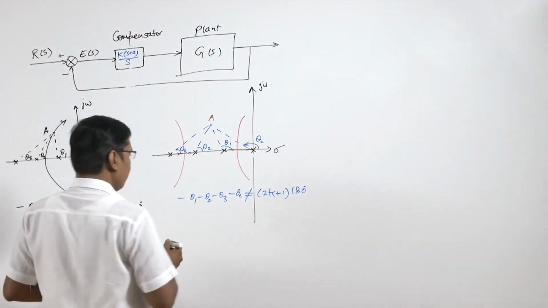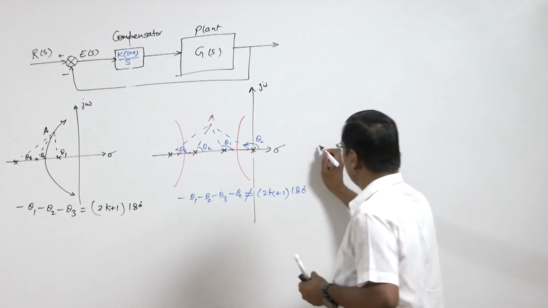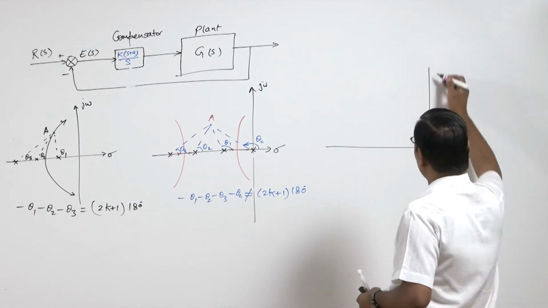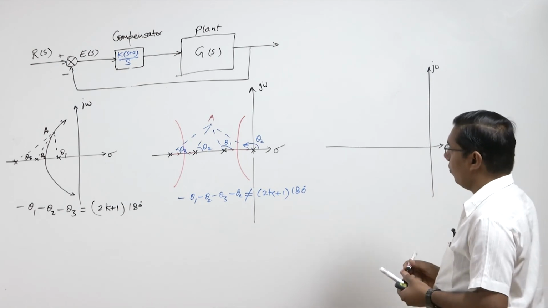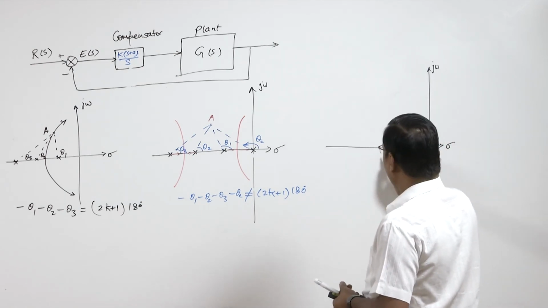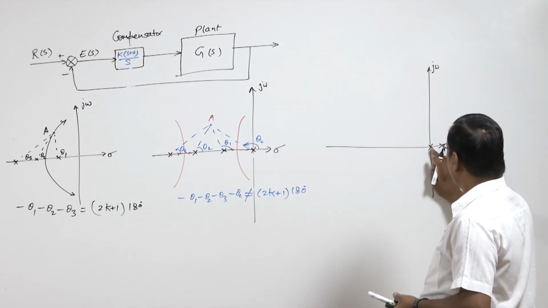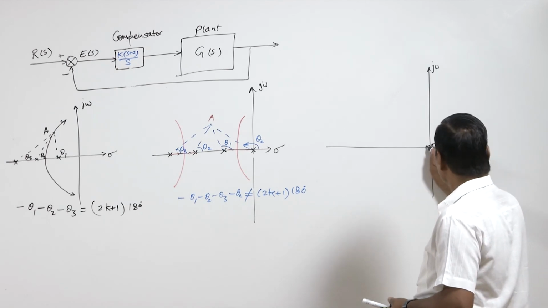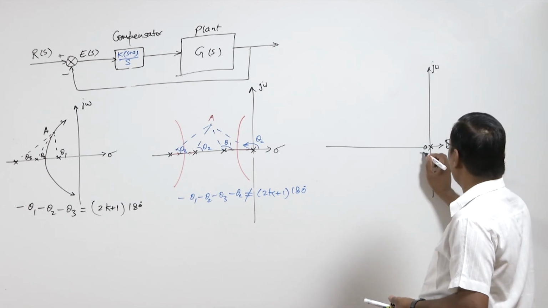So, what will be the root locus for this? Again, here we have the pole at 0, the compensator pole, and here we are putting a 0 nearby, the compensator 0, that is minus a.